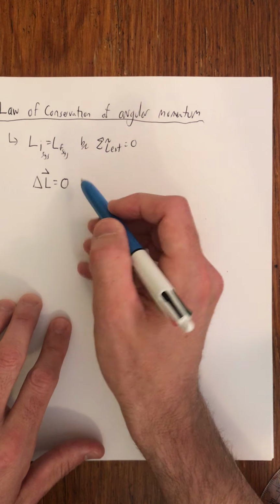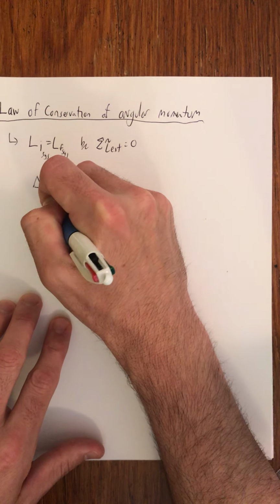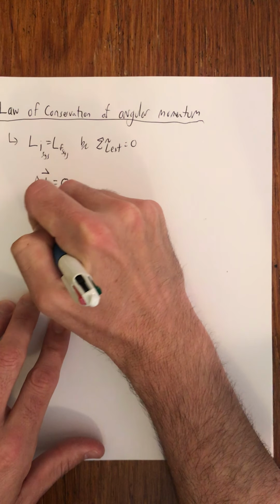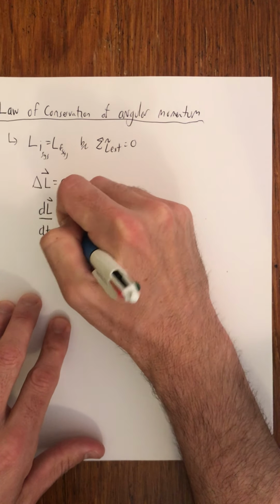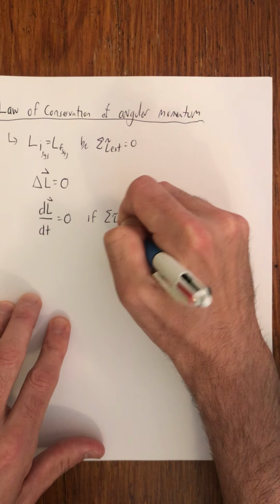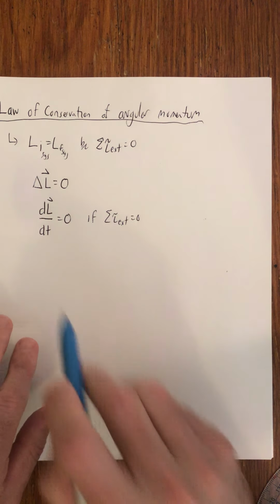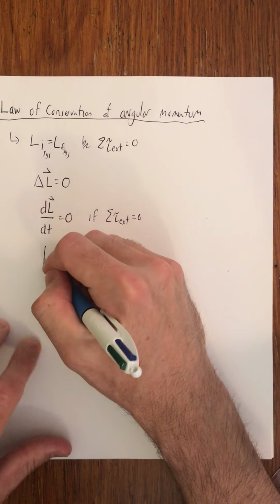Now I'm going to rewrite this in yet another way. If L doesn't change, that means it doesn't change over time. So I can rewrite this as dL vector dt is equal to 0 if the net external torque is equal to 0, right? dL dt is equal to 0. So what does that mean? That actually means two things.